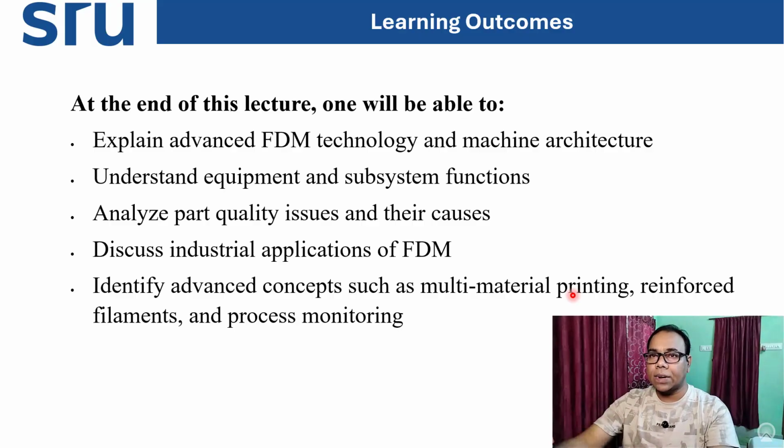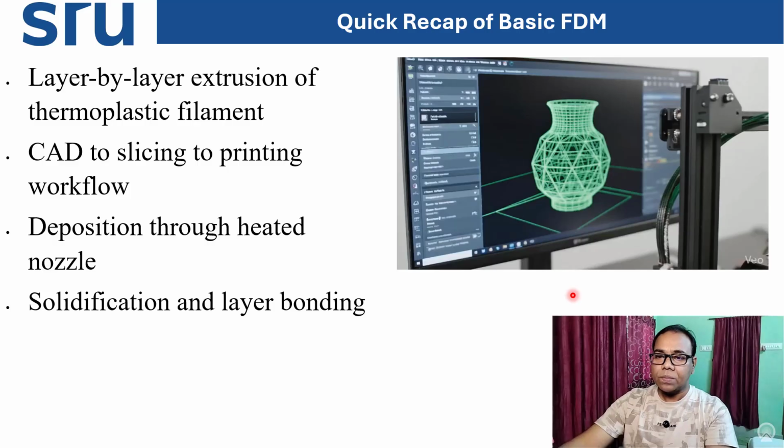One will act as the reinforcement, another will act as the matrix material. Similarly, what are the process parameters that can be monitored and controlled for getting better quality of the product? That also I am going to discuss in today's session. So one will be able to explain those concepts after going through this lecture.